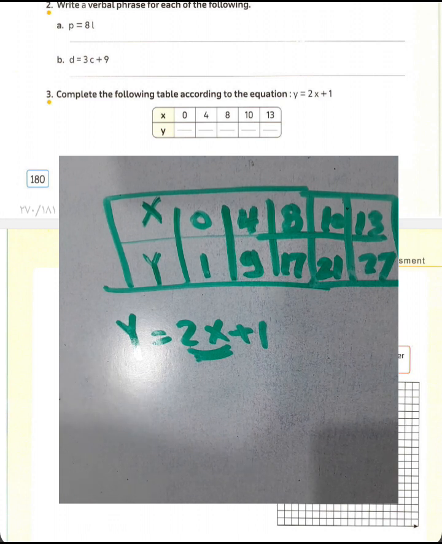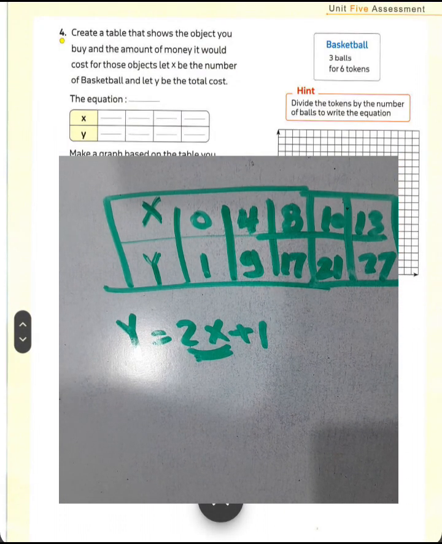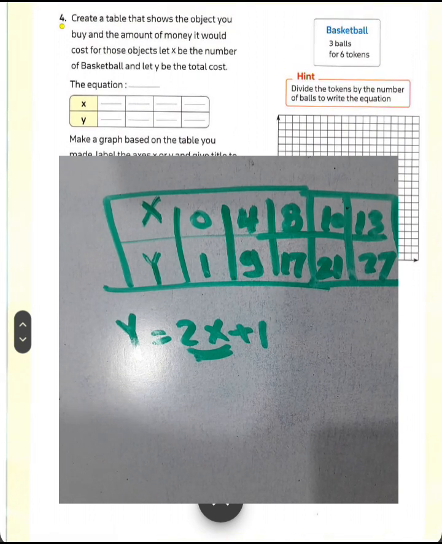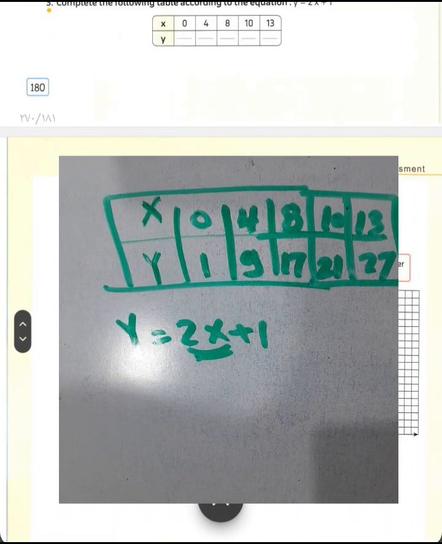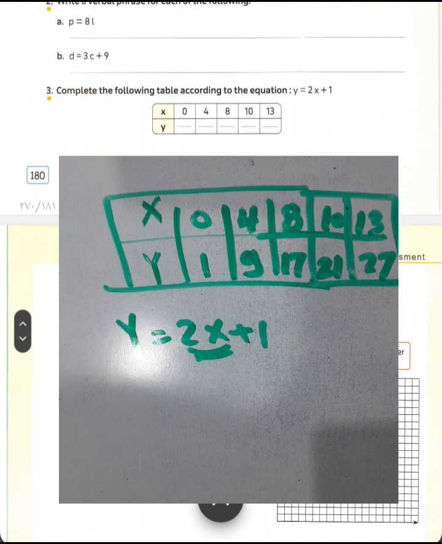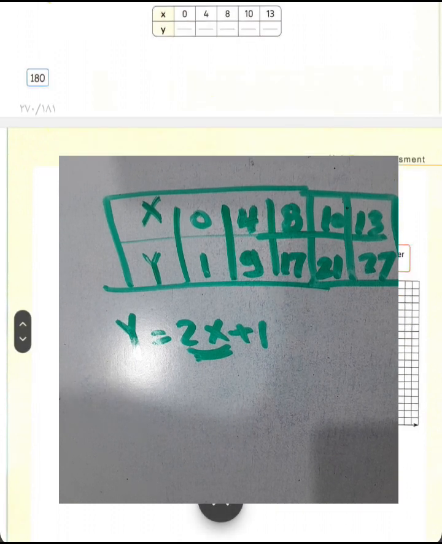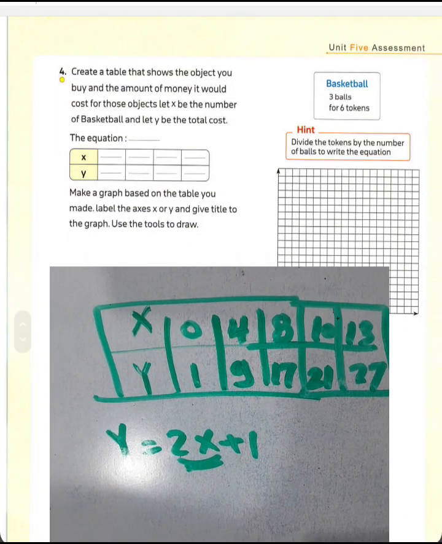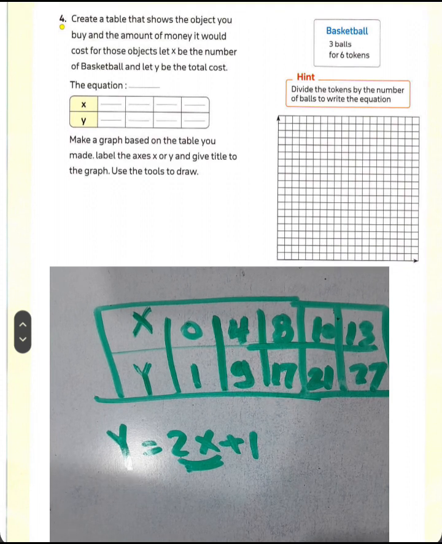Okay, question number 4. We have y equals 2x, from question number 3. Create a table that shows the objects you pay for and the amount of money it would cost for these objects.